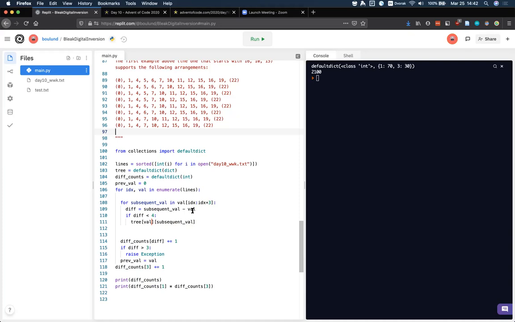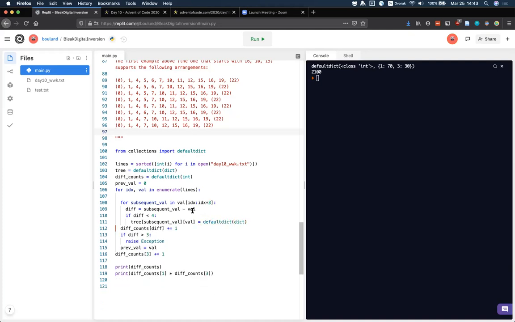So I think we need a subsequent val, exactly. Does the default dict create a dictionary there? Yes. Cool. And then I think it should be another default dict.